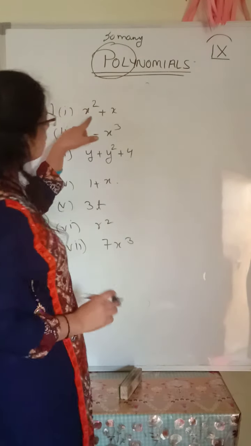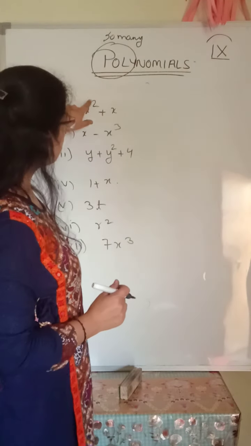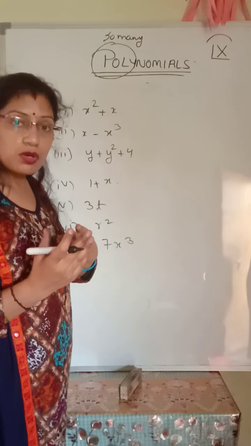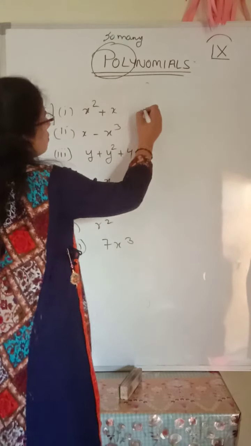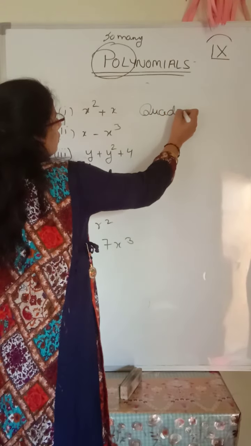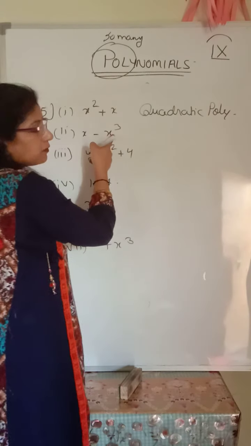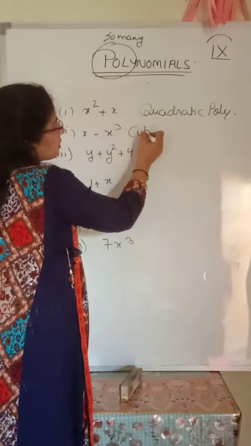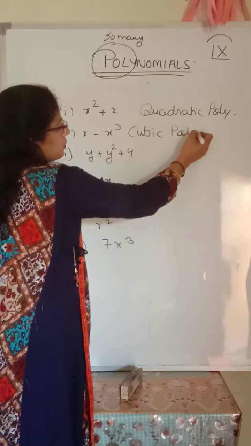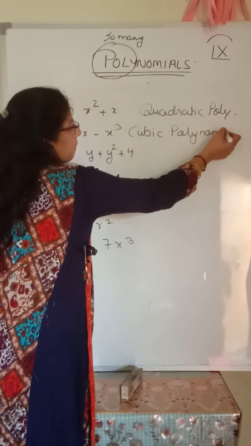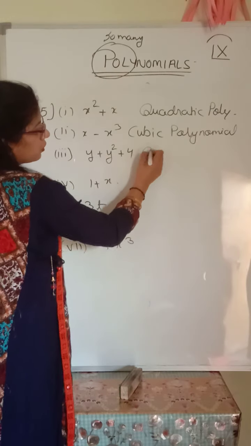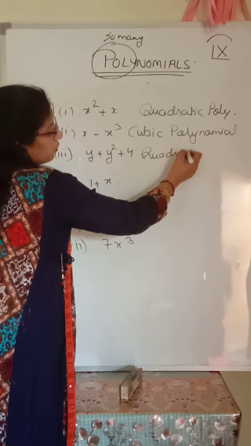So very first, see what is the highest degree of this polynomial? 2. So power 2 is called a quadratic polynomial. So this is quadratic polynomial. Okay, highest power 3. This is a cubic polynomial. Highest power 2. What is it again? Quadratic polynomial.